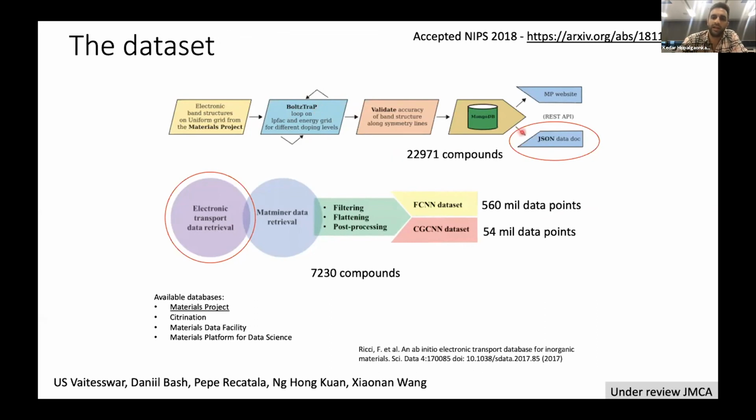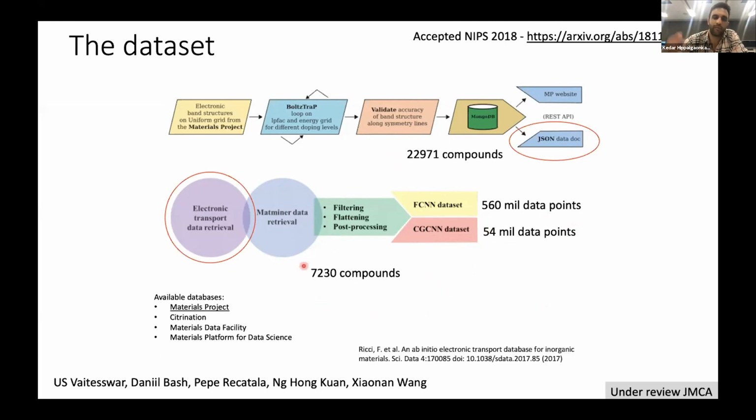All right. We then take it, and in a JSON format, we flatten these 22,000 or 23,000 compounds, and we then create a whole set of data sets that are based upon 3 different things: what temperature the material is at, what doping level it is at, and whether the doping is p-type or n-type, for example. So this gives us a whole large data series. We use some filters.